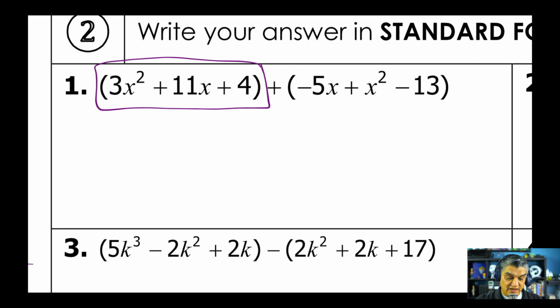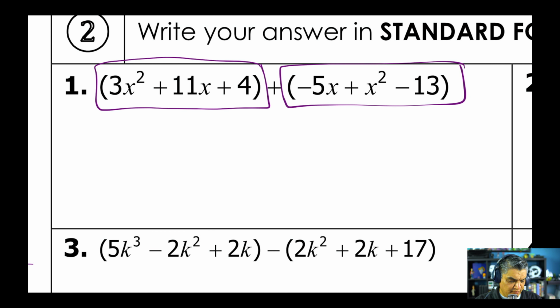The parentheses is just there because this problem represents adding 2 things. It looks like 6 things, but I'm adding a trinomial to a trinomial. And that first trinomial in parentheses may represent something in a real life problem. Mister, why do we group them? What's the whole point of that? Because a polynomial may represent one entity, one thing.